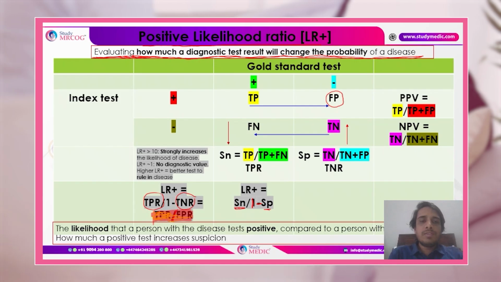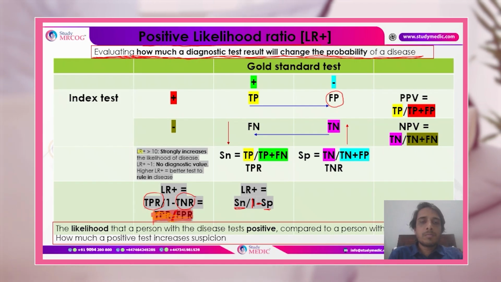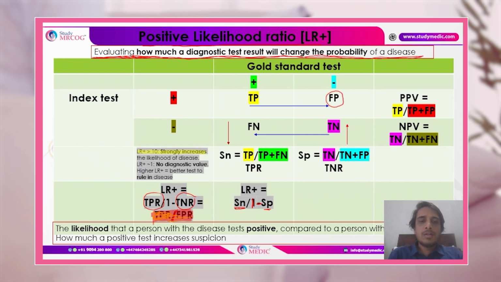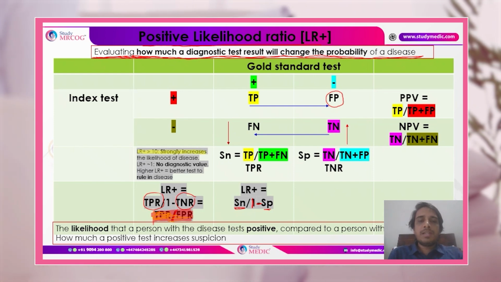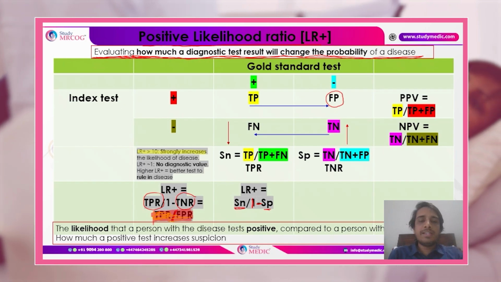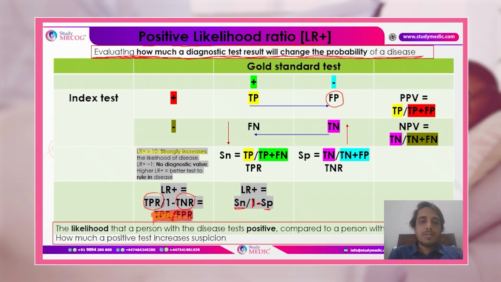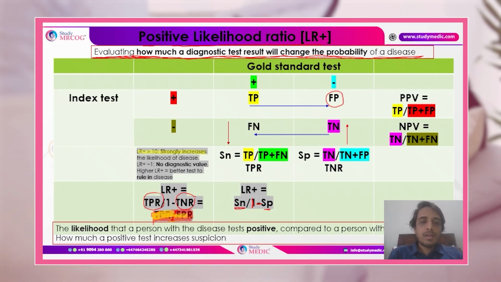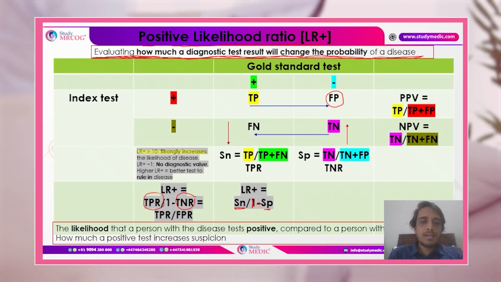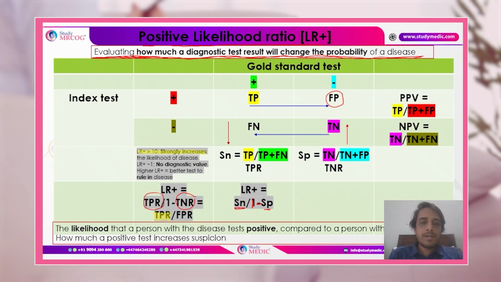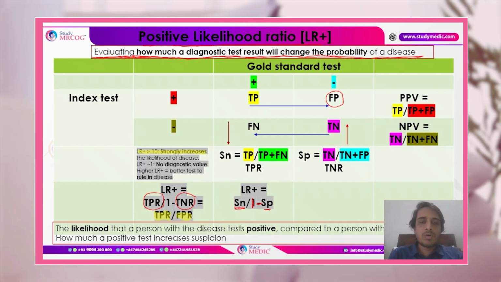So if the positive likelihood ratio is more than 10, then the probability that there is a disease strongly increases. That means, amongst those who are having the disease, how many are tested positive, compared to amongst those who are not having the disease, how many are tested positive.